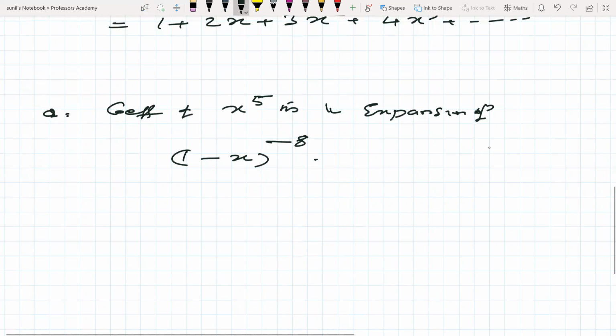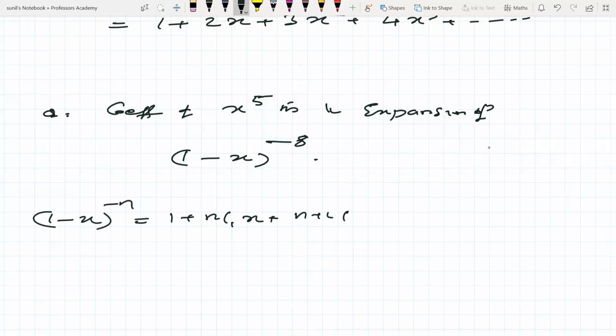So we know the formula for 1 minus x power minus n. This is coming out to be nc1 x, n plus 1 c2 x square. You see, the lower suffix n plus 2 c3, so the lower suffix is 3 and the power of x is also 3. This way.